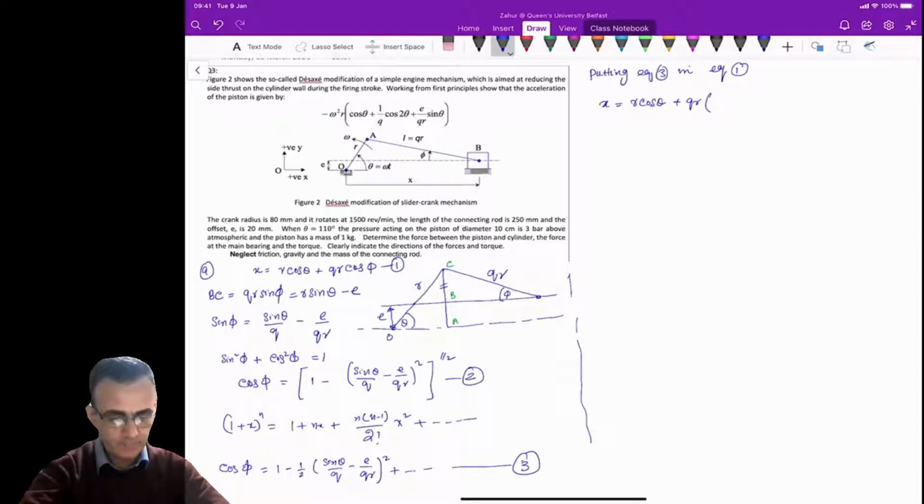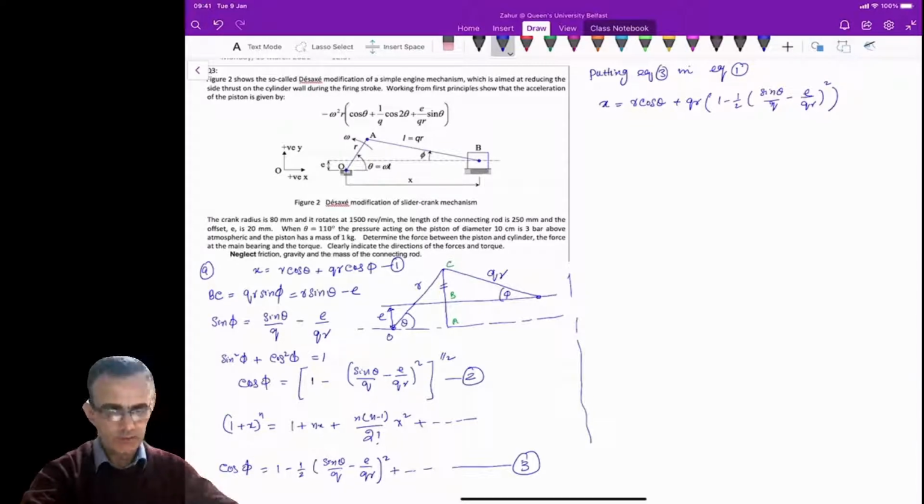So it's 1 minus half, sine theta divided by q, minus e divided by qr, whole square.